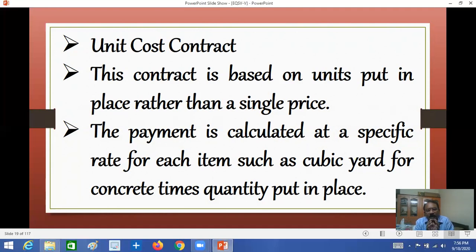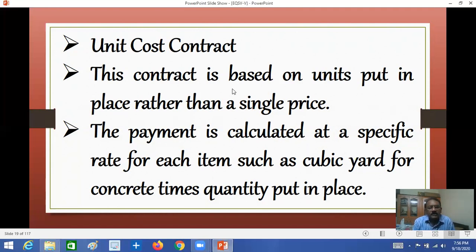The payment is calculated at a specific rate for each item, such as per cubic yard or cubic meter, and quantity, that is, concrete quantity put in place. Suppose the contract is given for footings. If the aggregates, metal, sand and cement are supplied by the contractor to the site, then the payment is calculated and paid.